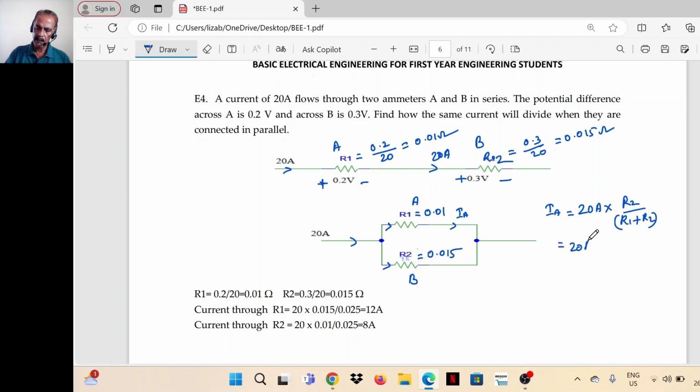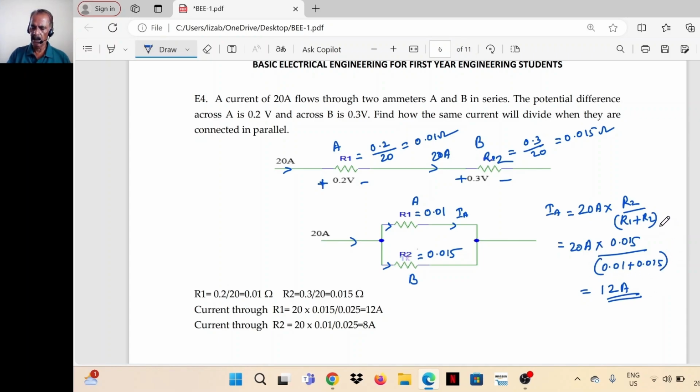That is 20 ampere into R2, which is 0.015, divided by 0.01 plus 0.015. That is 20 into 0.015 divided by 0.025.